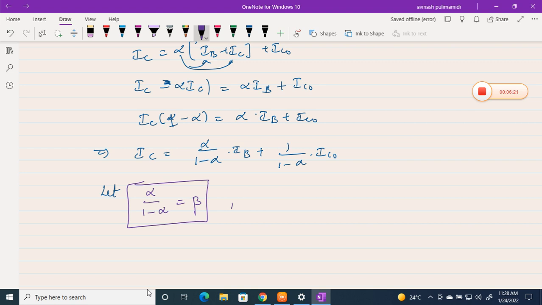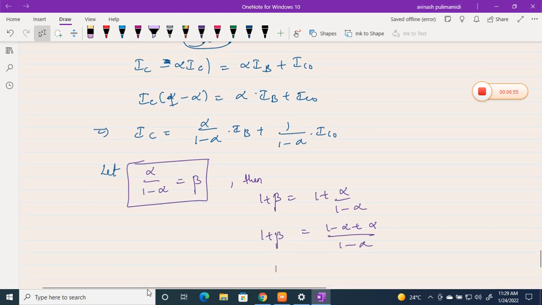Alpha by 1 minus alpha is equal to beta. Let us add 1 on both sides: 1 plus beta is equal to 1 plus alpha by 1 minus alpha. Then 1 minus alpha plus alpha upon 1 minus alpha is nothing but 1 plus beta.